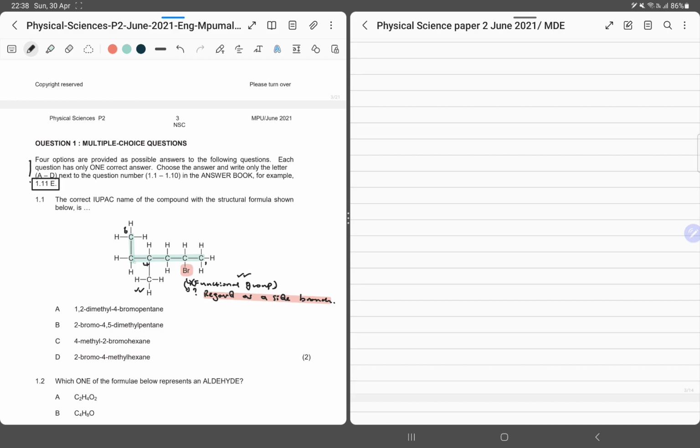Now if you're coming from this end, the methyl group is on the 3rd carbon, compared to coming from the other end where the bromine atom is on the 2nd carbon. So in any case, you still will start on this side. So this becomes 2-bromo 4-methyl hexane. And that's the name. So at the end of the day, you've got an answer there.